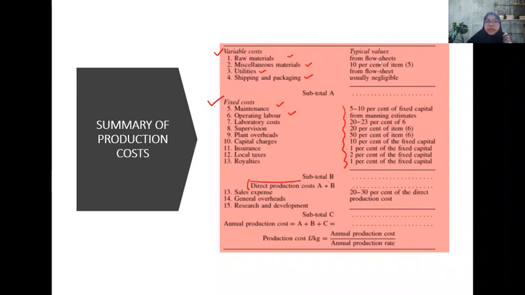And then for the indirect production cost, including the sales, overhead, and research and development, it gives us the annual production cost before we can obtain the production cost per kg, based on the annual production cost over the annual production rate.